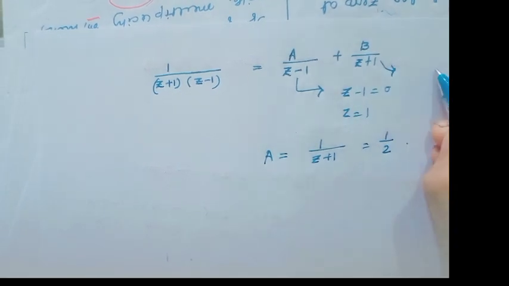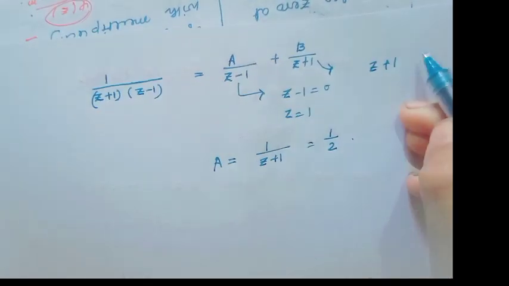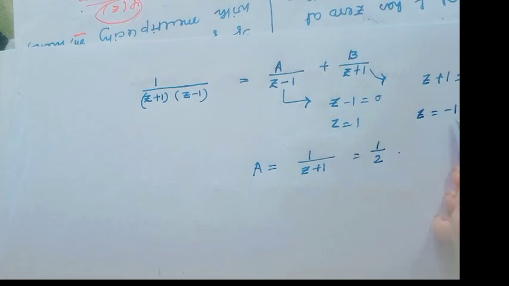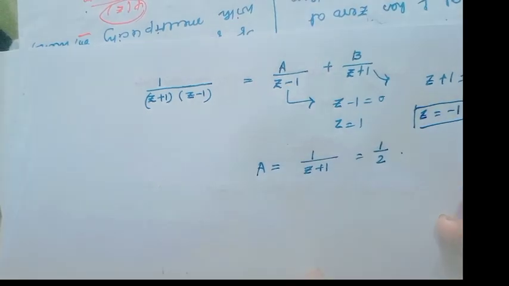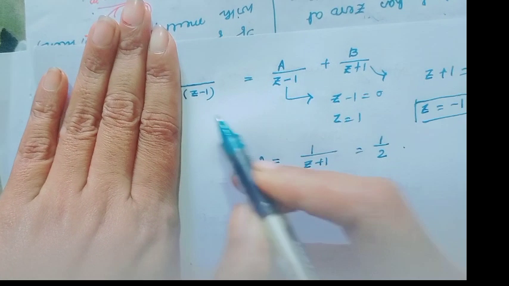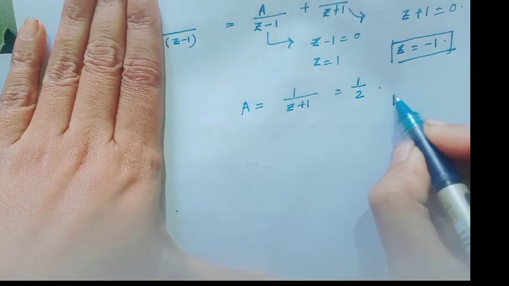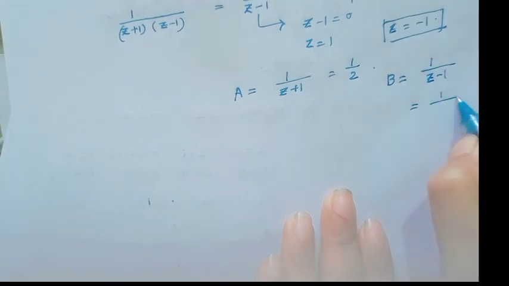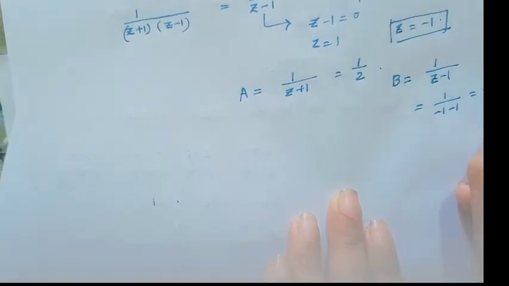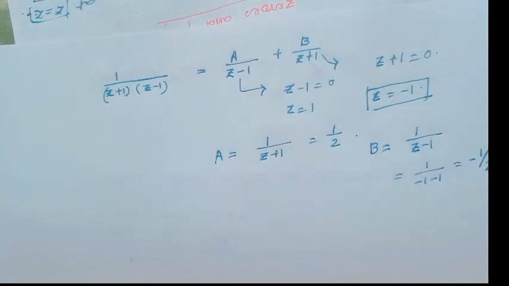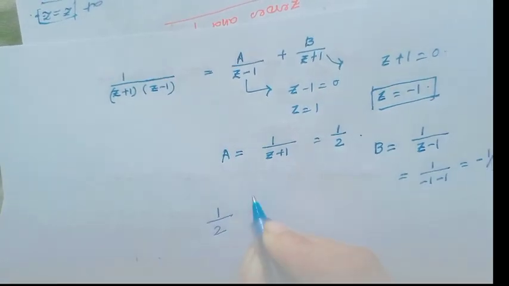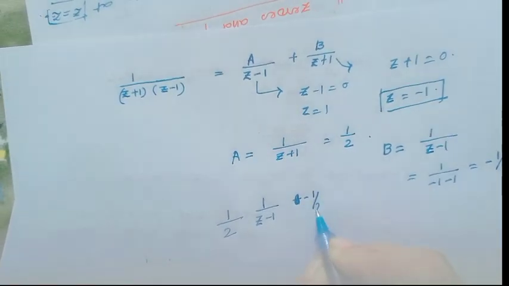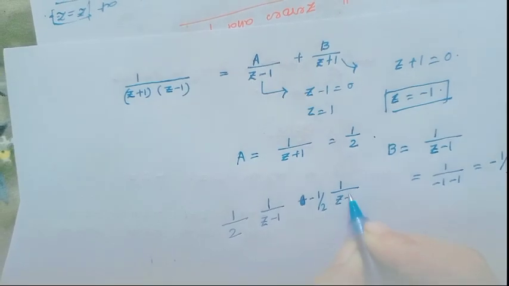And for b, z plus 1 equal to 0, that means z equal to minus 1, and putting z equal to minus 1 here, the value is b equal to 1 over z minus 1. This value is equal to 1 over minus 1 minus 1, that means minus 1 over 2. That means a equal to 1 over 2 times 1 over z minus 1, and b equal to minus 1 over 2 times 1 over z plus 1.